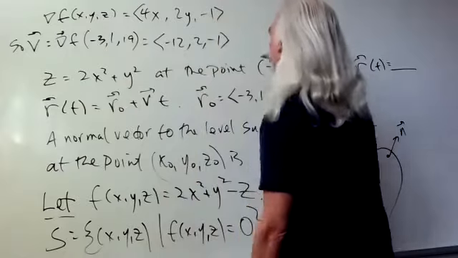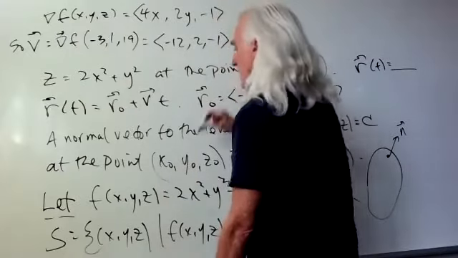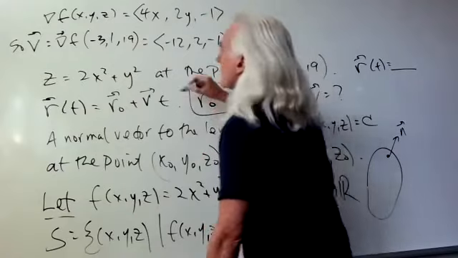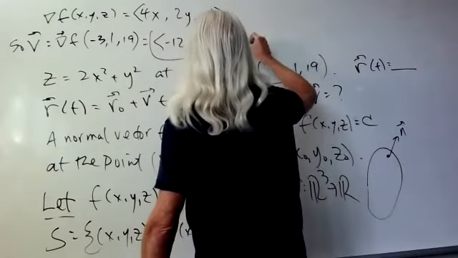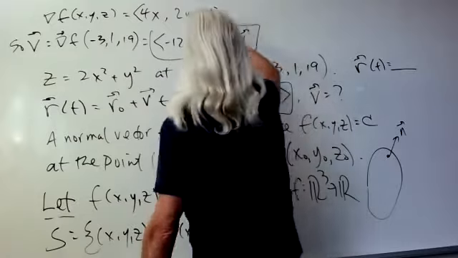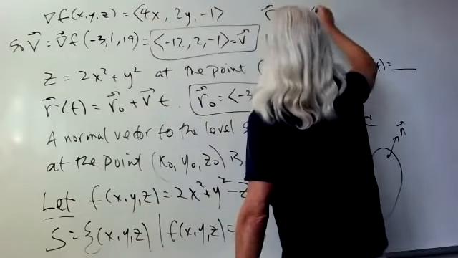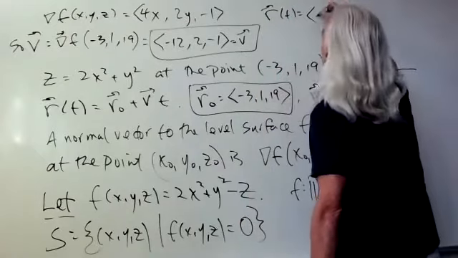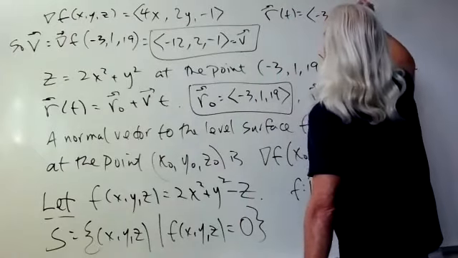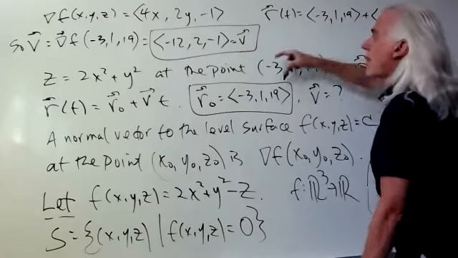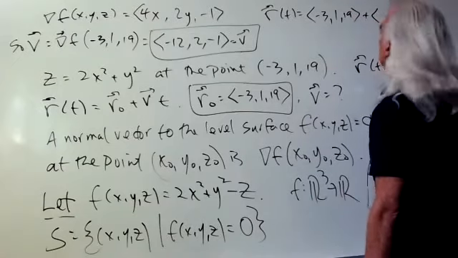So right away, we have the two bits. We have the v vector. So r of t is the vector (-3, 1, 19) plus t times (-12, 2, -1).